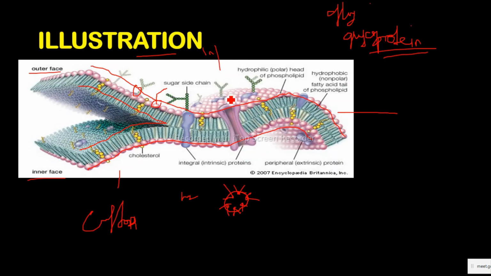That's the process. So this carbohydrate, we call it a glycolipid. Why lipid? Because it is a carbohydrate that is attached on a lipid. Whereas this one, it is a carbohydrate that is attached on a protein.